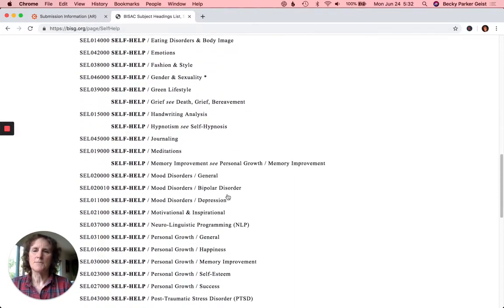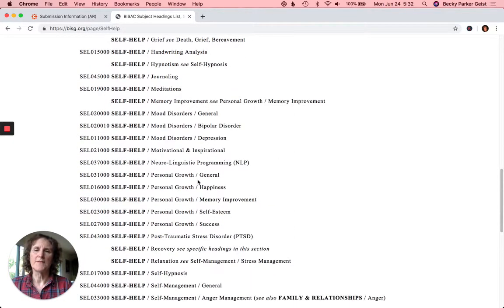Once you click on that, it will take you to the next level of sort. And let's imagine that here we have personal growth. We have general, happiness, memory improvement, self-esteem, and success. Great! What if you have a chapter in your book on each of those topics? That's entirely possible.